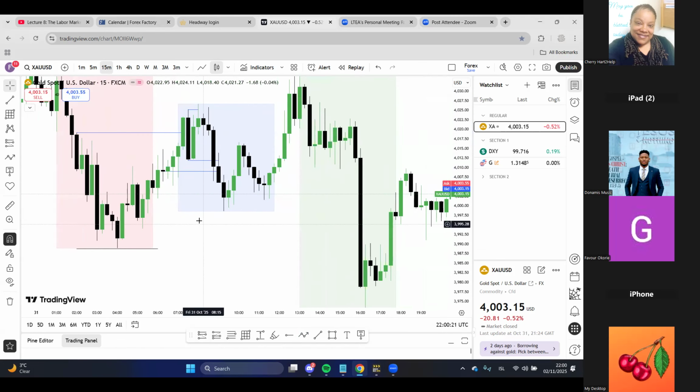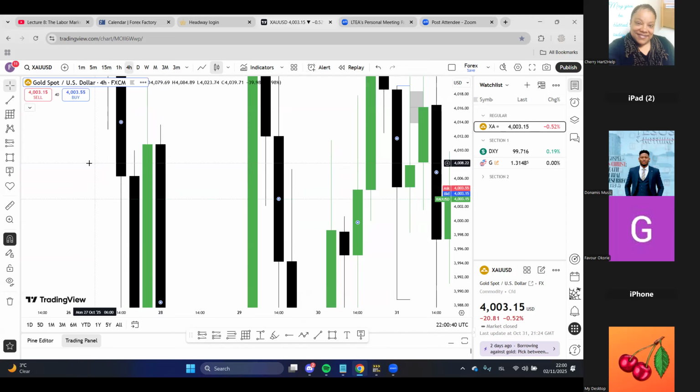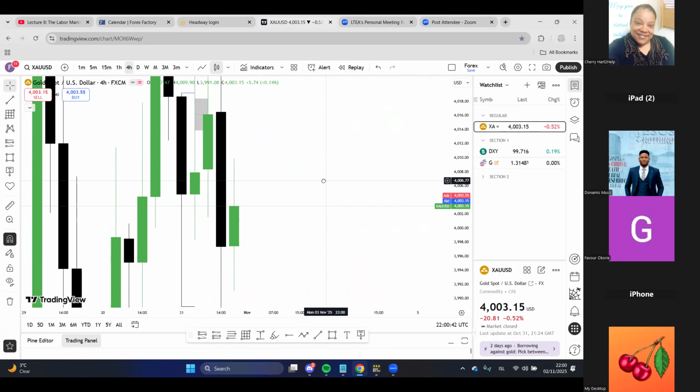If you were to enter this trade, maybe let's say from this fair value gap right here. At what time does that 4-hour candle close? Let's go back there. It did close right here, but when the market opened, it also traded down a little bit.